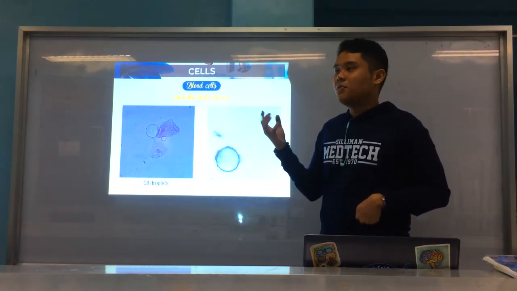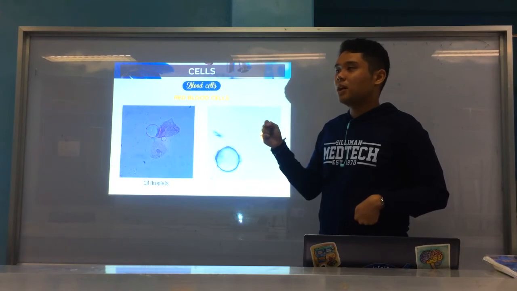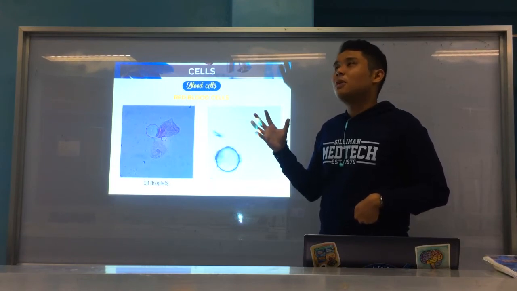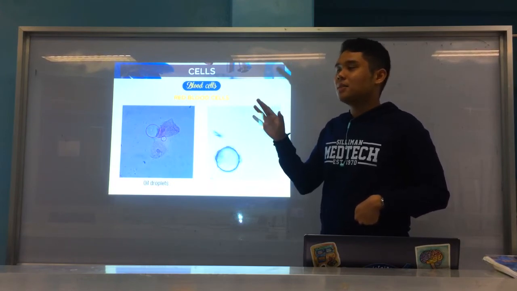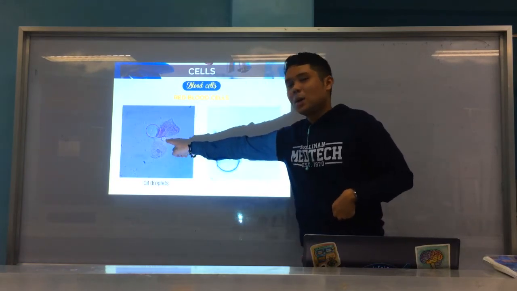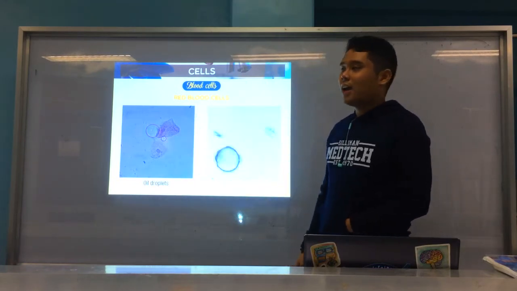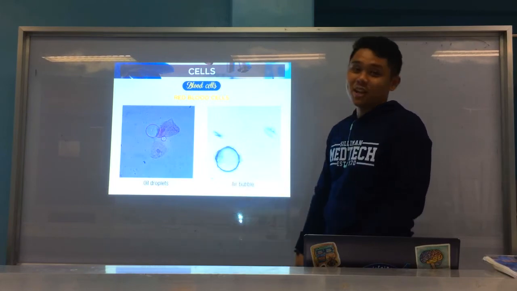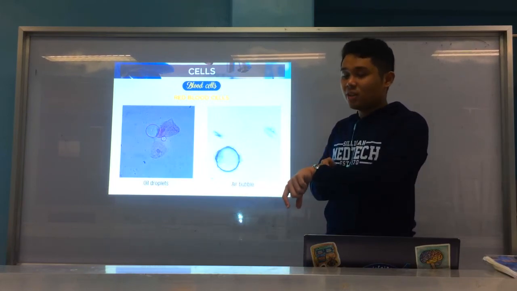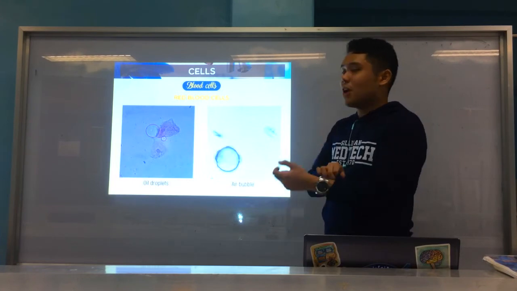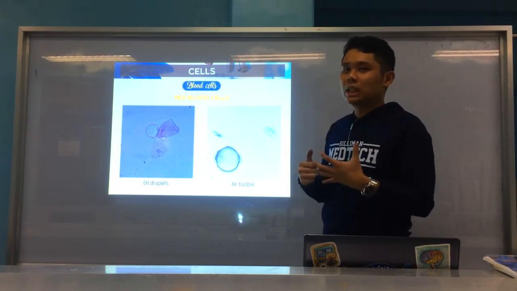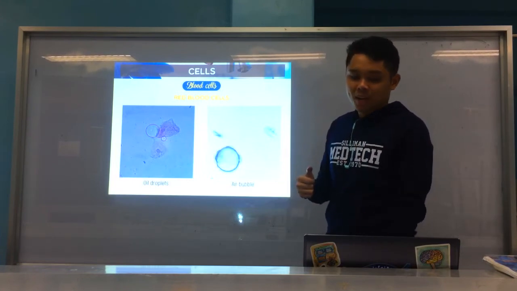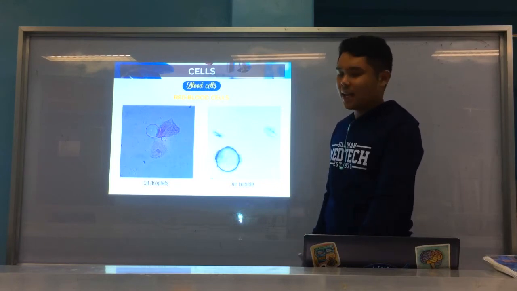If you move your slide, the light seems to shine and move because it's refractile. And the last one is, of course, an air bubble, which appears from placing the cover slip. So again, that's for red blood cells, considered to be the most difficult cells for a student to identify under the microscope.